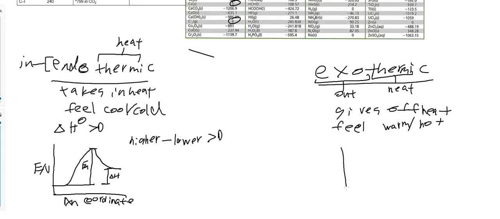And if we draw our energy diagram for this, they start off high, go to activation energy, and end off low. So, this is our EA, and this is going to be our delta H.